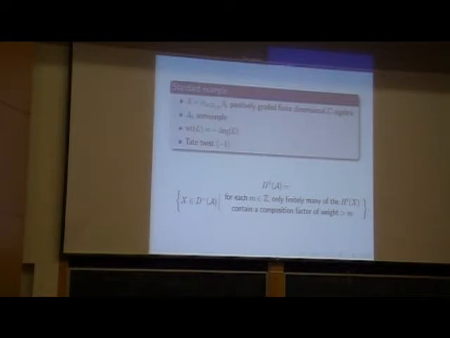So now here's the definition of the category which I want to work in. I want to look at only complexes in my unbounded derived category, such that for each integer n, only finitely many of these cohomologies have composition factors of weight bigger than n, and this is for all n in fact.